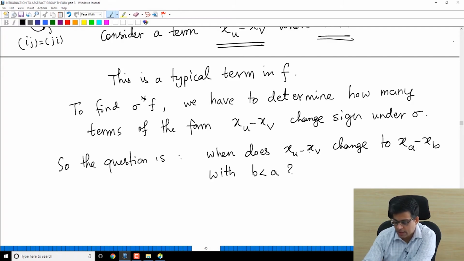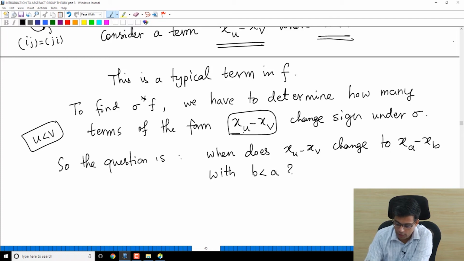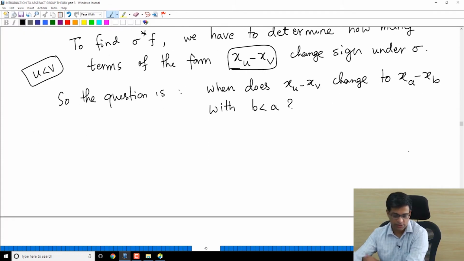When does this change sign? When you have a bigger thing minus a smaller thing, and you start with a smaller thing minus a bigger thing. So here of course u is less than v. You only start with such a term, u less than v, and see when it changes to b less than a, the second term less than the first term.